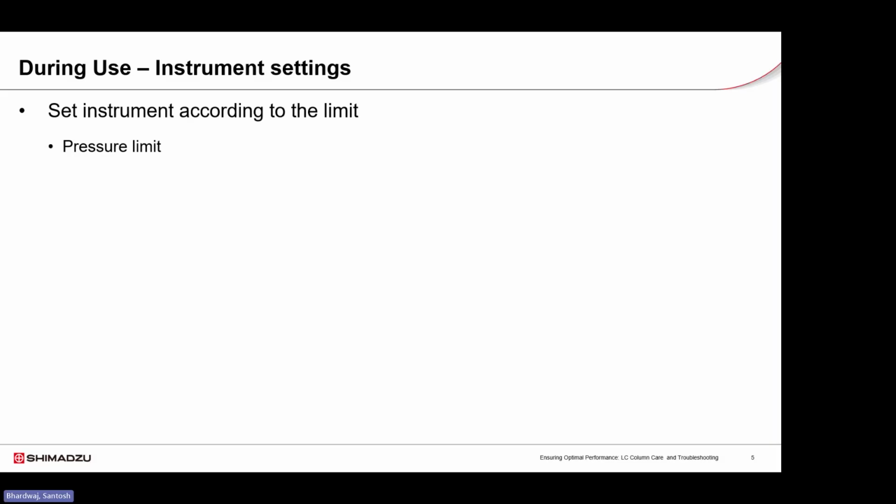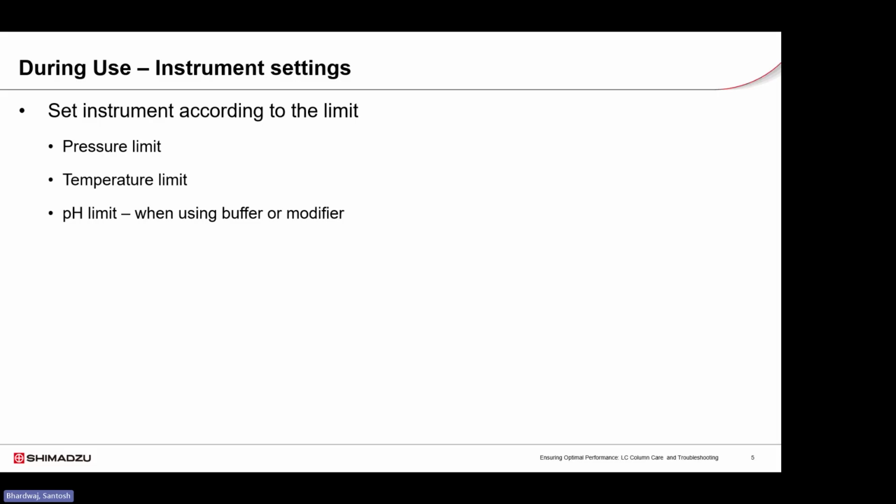Setting it correctly ensures that the system automatically stops the run if the pressure exceeds the safe limit, thereby protecting the column from damage. Temperature limits are usually controlled within the analytical method.